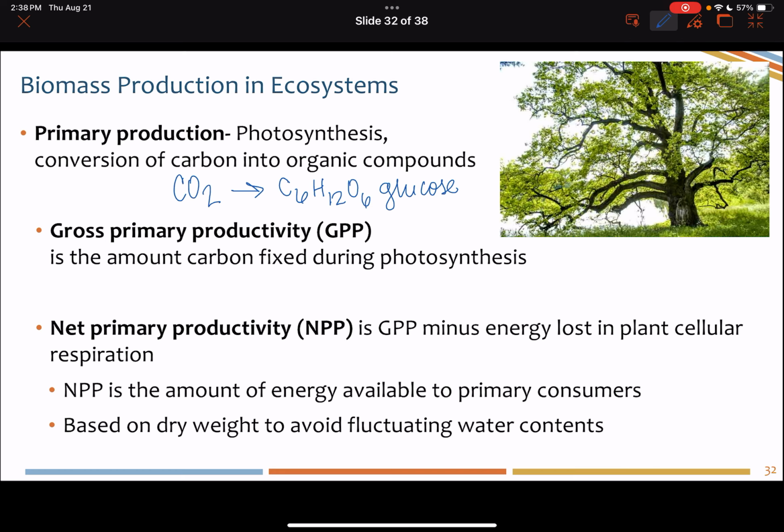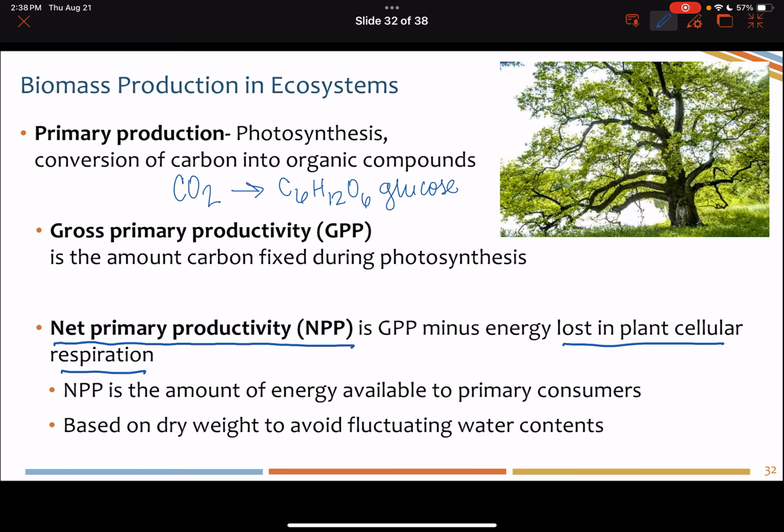So instead, ecologists like to look at the net primary productivity. This is your gross primary productivity minus the amount of energy that is lost due to cellular respiration and those cellular processes, because that energy is not available for any higher trophic levels to pass up.